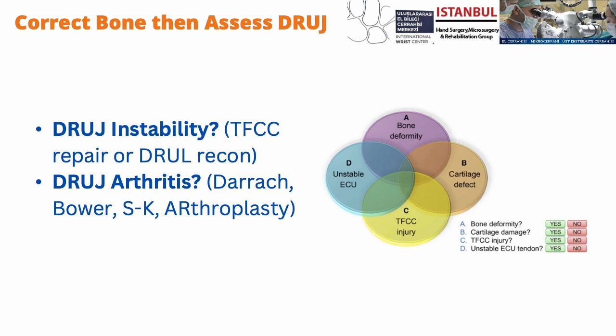The bone must be corrected first, then the DRUJ assessed. If there is still DRUJ instability, TFCC repair or dorsal radioulnar ligament reconstruction can be done. In the presence of DRUJ arthritis, DRUJ procedures such as Bowers technique, Sauve-Kapandji, or arthroplasty can be done.